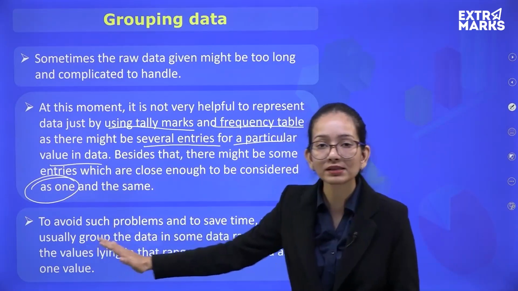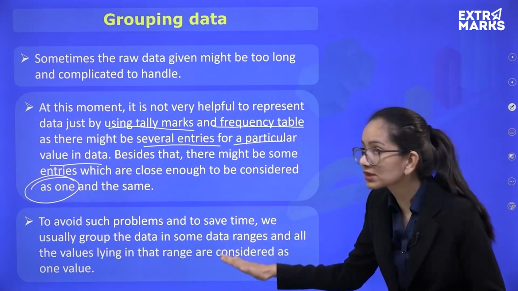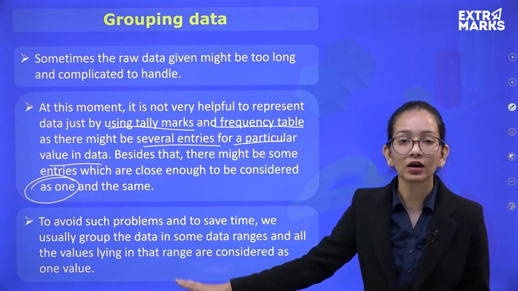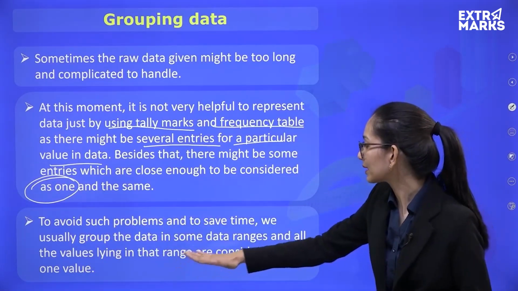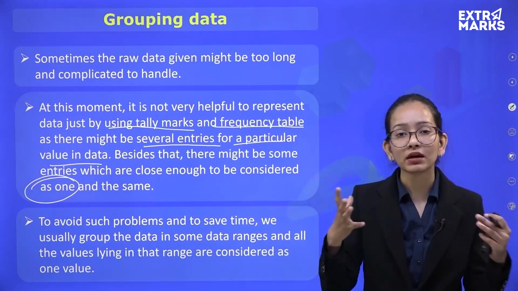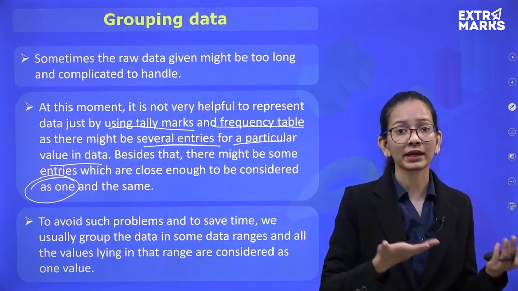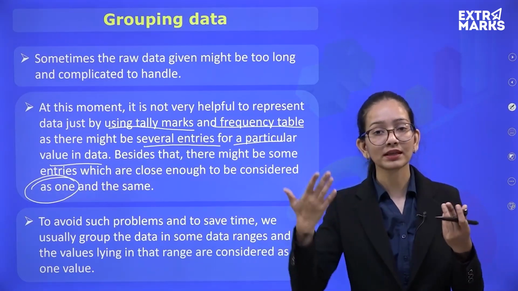To avoid such problems and to save our time, we usually group the data in some data ranges, like 0 to 10 or 10 to 20, 20 to 30 and so on.